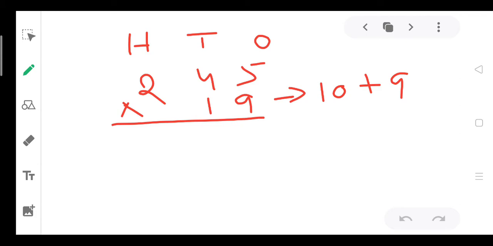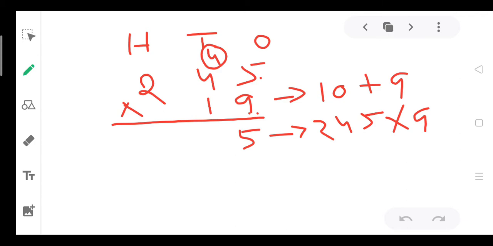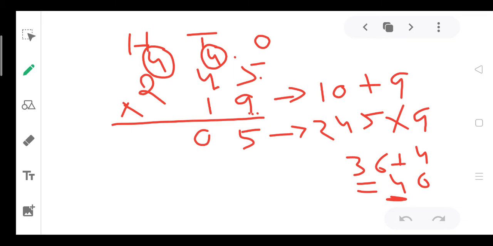So firstly we multiply 245 by 9 and we write the answer here. Firstly read the table of 9 up to 5s are 9, 5s are 45. 5 we will write here and 4 will be carry. Now read the table of 9 up to 4s are 9, 4s are 36 and add this carry also, it becomes 40. 0 we will write under this and this 4 will be carry over 100 place.